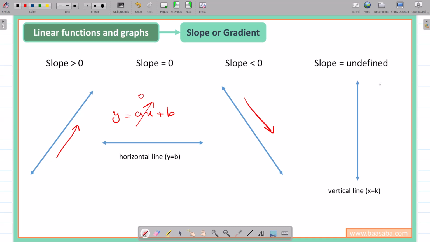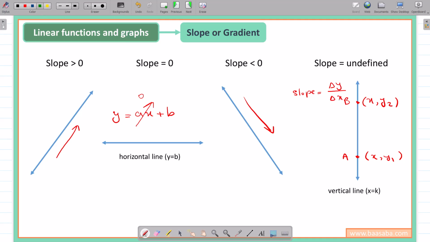Another case is when we have a vertical line. When we have a vertical line, the slope is undefined. Why? Because if I have 2 points on the line, the x's will be the same. It is x and y1, and x and y2. So the slope will be delta y over delta x.